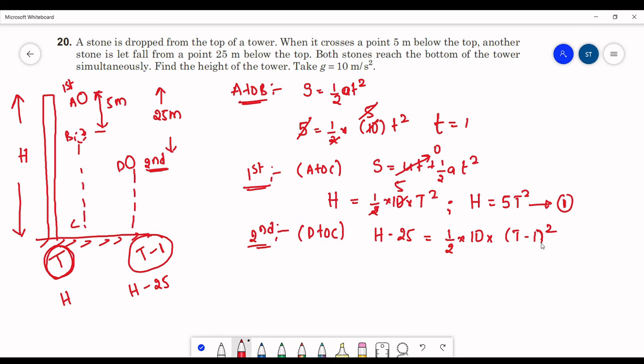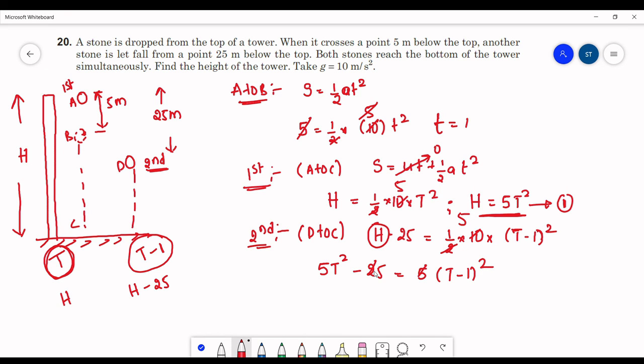This will be traveling for 1 second less than the first ball. So this is 5. Now instead of this h, substitute 5t square here. So 5t square minus 25 equals 5 into t minus 1 whole square.